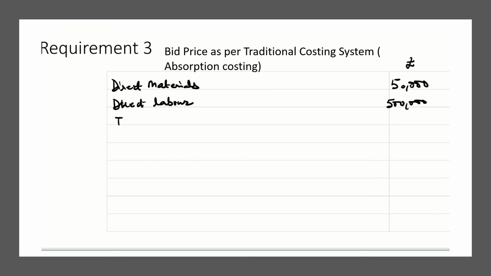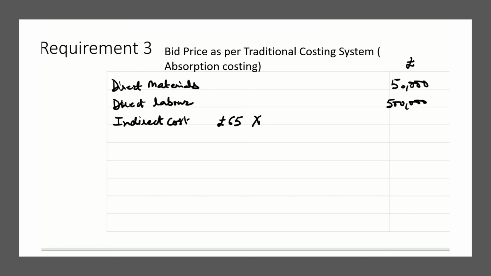Over here, for indirect cost or our overheads, this is a traditional costing system, and the traditional costing system is based upon the direct labor hours. The overhead rate is already given to us based upon direct labor hours, which is 65 per direct labor hour, for manufacturing of the baby seats.